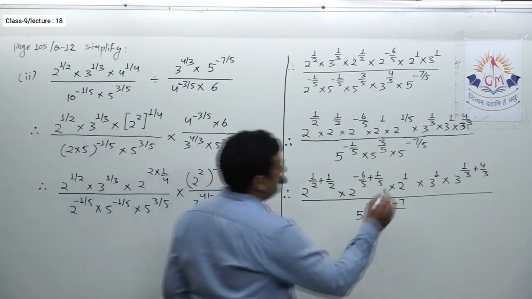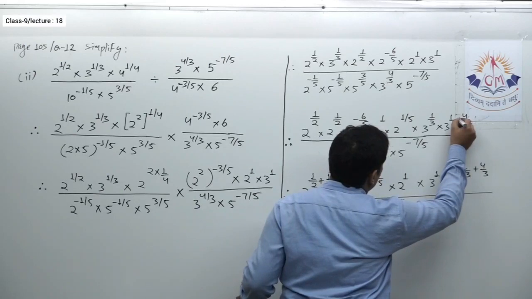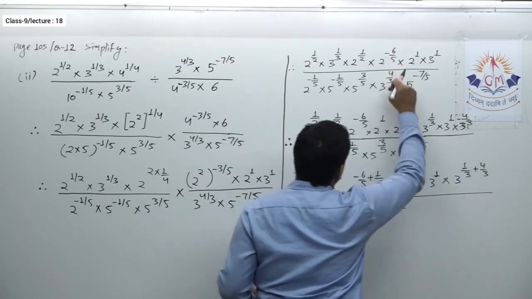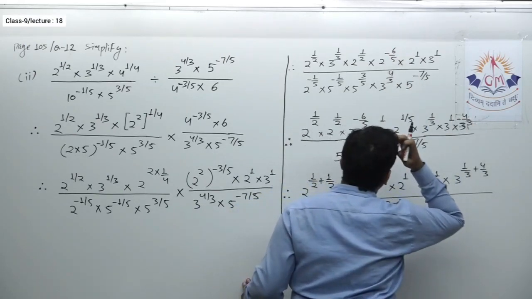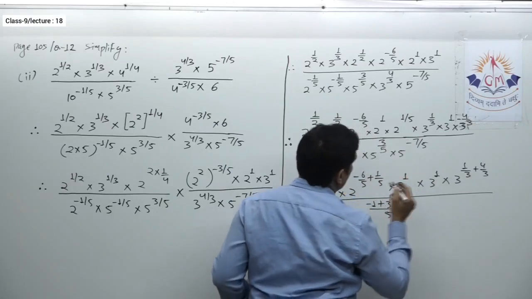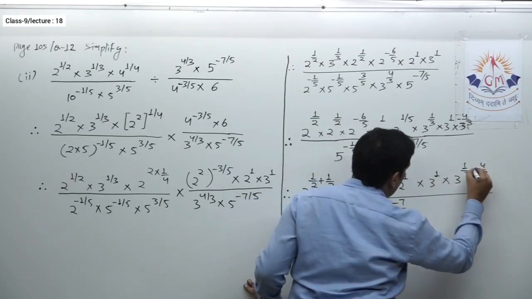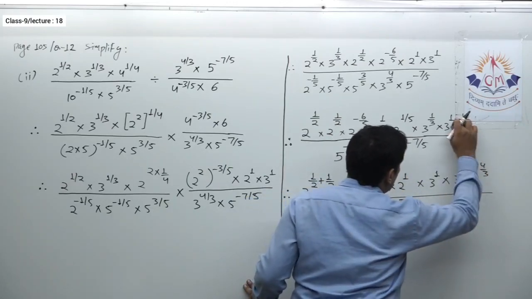Okay, here it should be minus 4 by 3, because this 3 raised to 4 by 3, when it comes in the numerator, will become minus 4 by 3. So here it will become minus 4 by 3.